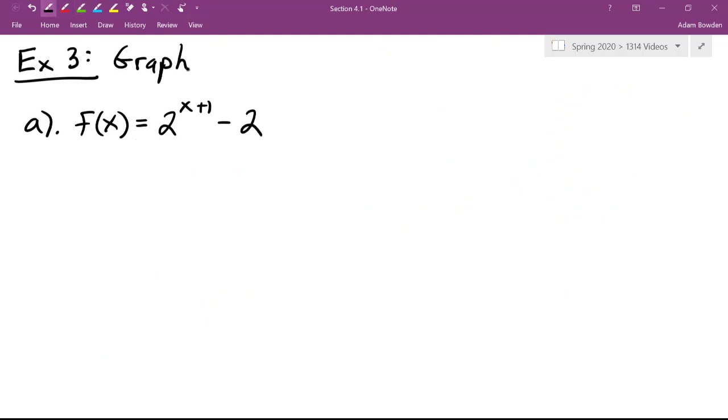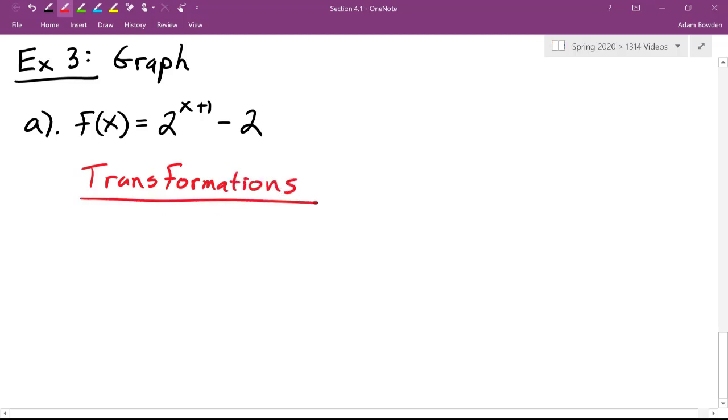Now let's look at some different kinds of exponential functions and how their graphs are going to turn out, but with a few other numbers involved than what we just looked at a second ago. So for instance, here we have f of x is equal to 2 raised to the x plus 1, all minus 2. What we can do here is take the basic shape in the graph that we had before, but apply transformations to it based off of the transformations that we discussed before, which work for any graph of any function.